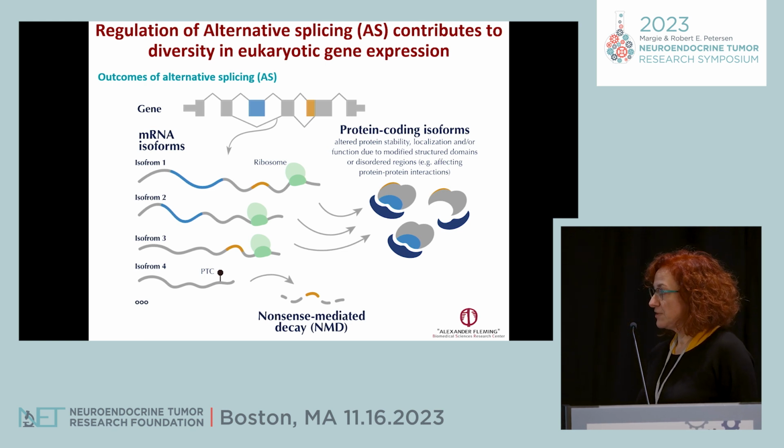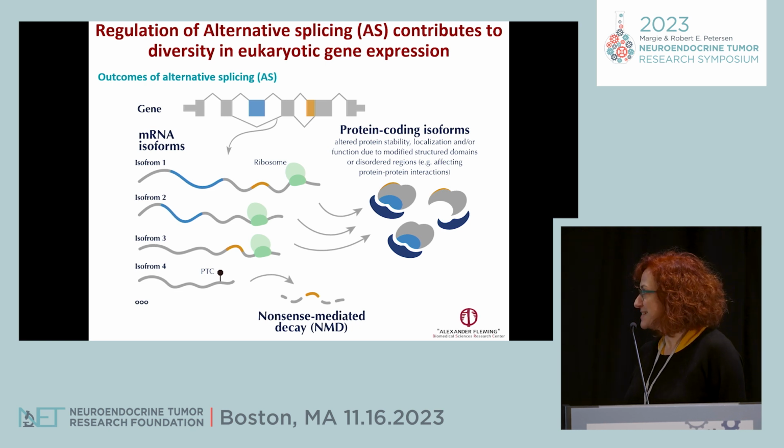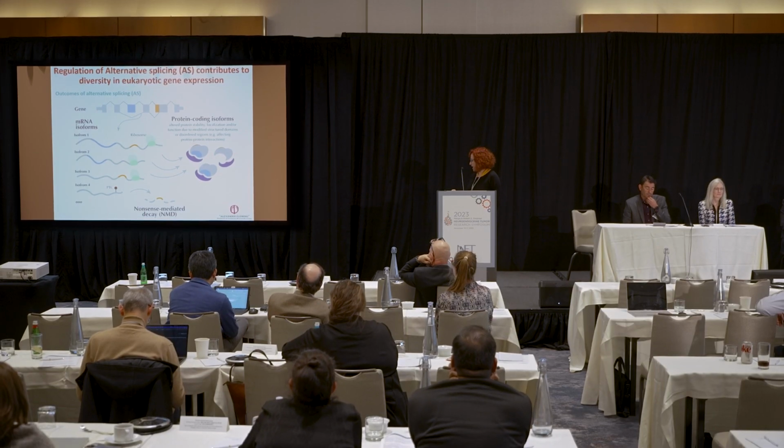So by getting different mRNA isoforms, we get translation of different protein isoforms that may differ in domains that are included or not. So these protein isoforms might have different stability, different localization, or function generally.